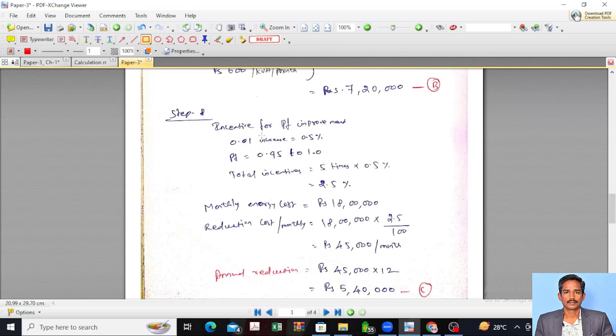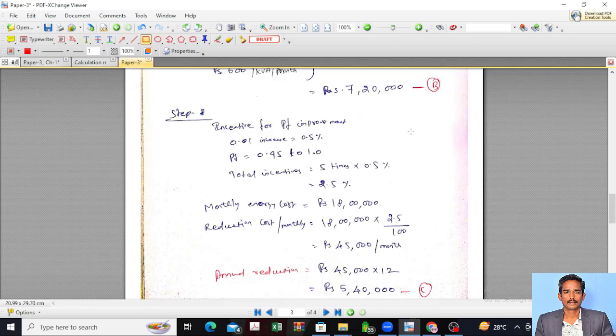Next, incentives for power factor improvement. First we calculate the kVA requirement and how much the installation costs: 1 kVA equals 900 rupees, then you calculate the total value. If the kVA rating is added, the maximum demand is going to reduce.